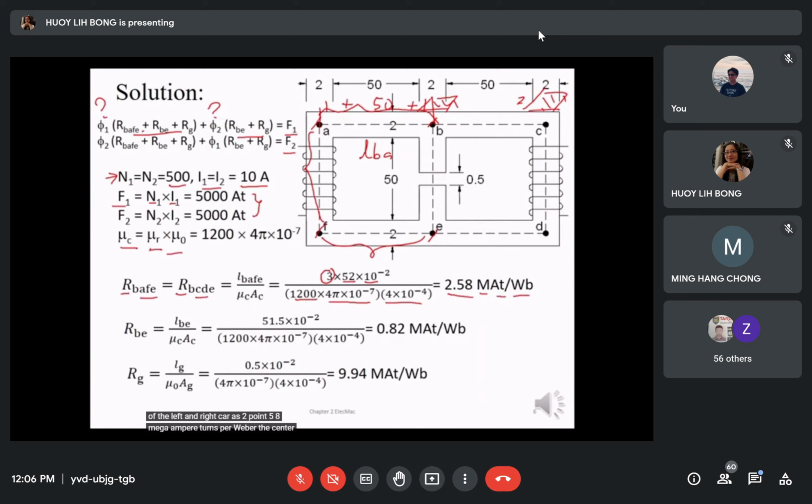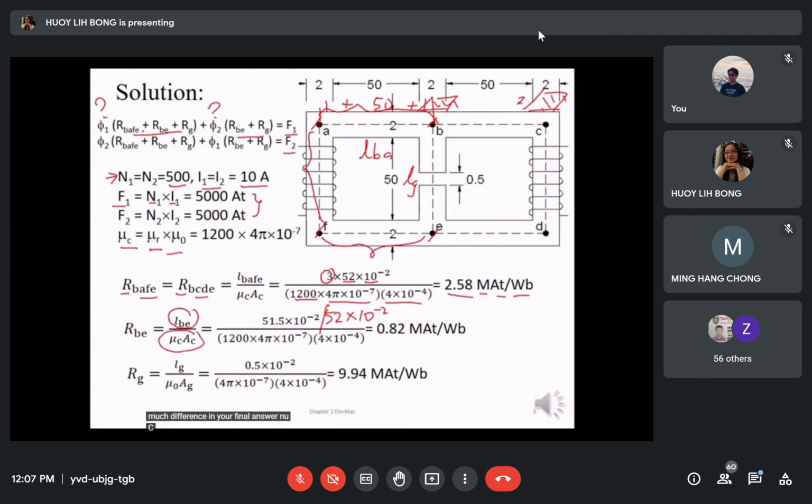The center core RBE, using the length at the center, which is also 52, you can minus off the length of the air gap, or you also can directly use 52 since the length of the air gap is very small, and it doesn't make much difference in your final answer.